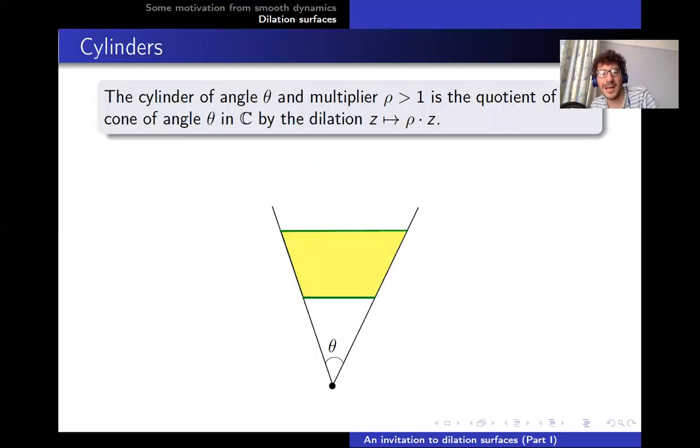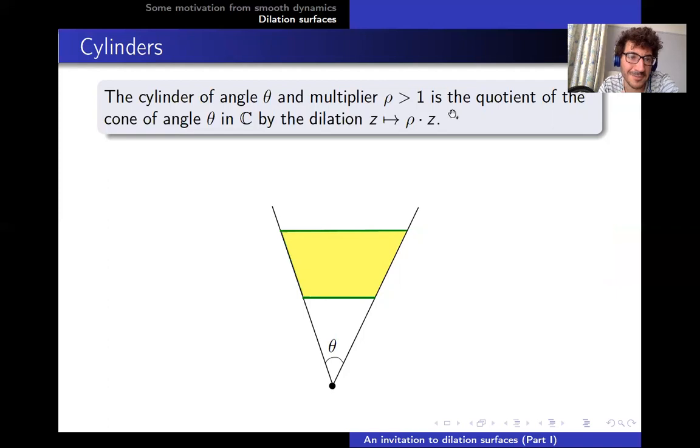Okay, so now I've got to introduce a particular kind of dilation surface, or bit of dilation surface, which are cylinders. If you take a cone in Euclidean space, you can quotient out this cone of angle theta by a dilation of multiplier, that's why I call it rho.